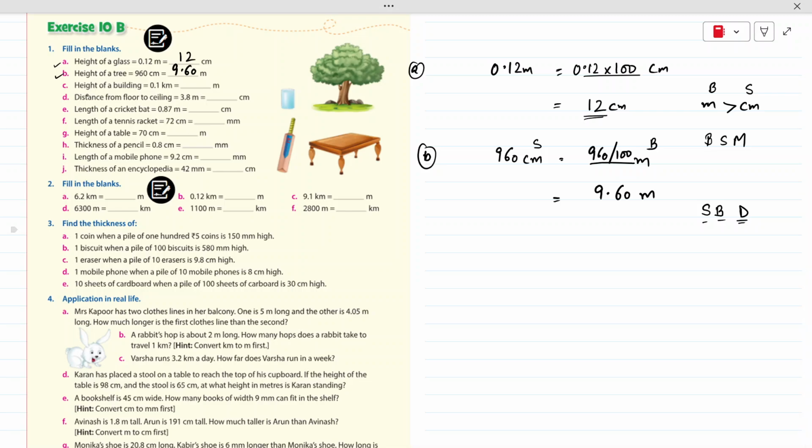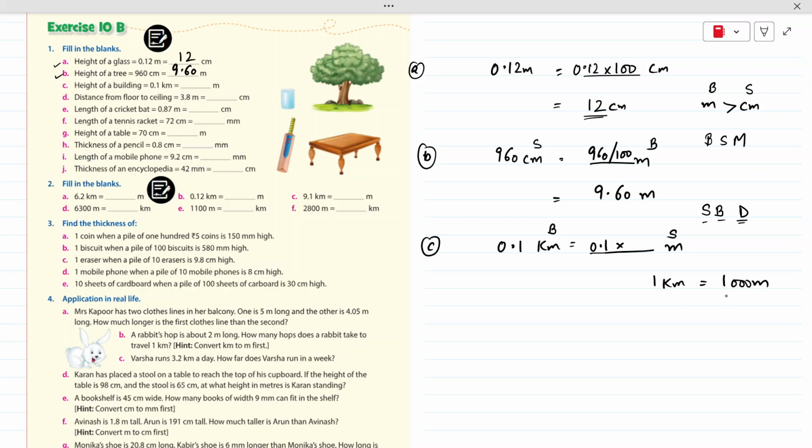C part: the height of a building is given in kilometers. The height of the building is 0.1 kilometer and we have to convert this into meter. Again, we know that kilometer is a bigger unit and meter is a small unit. So we have to multiply 0.1 with 1000, because 1 kilometer is equivalent to 1000 meters.